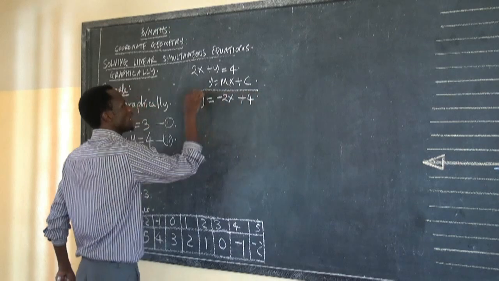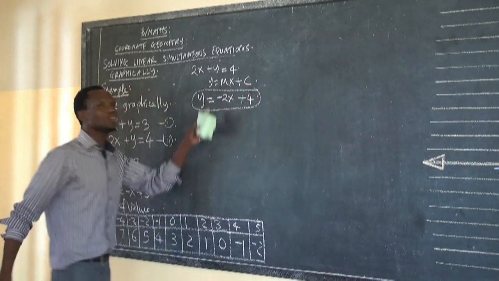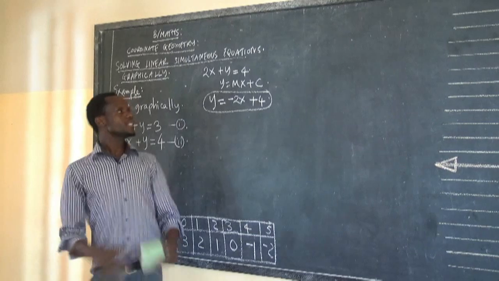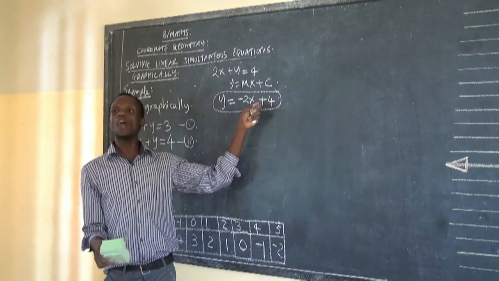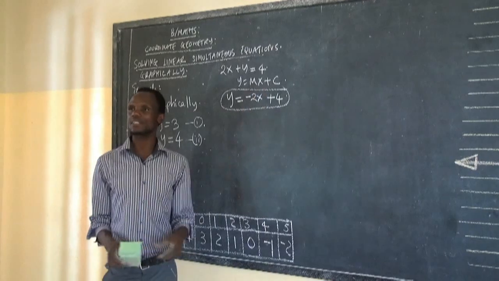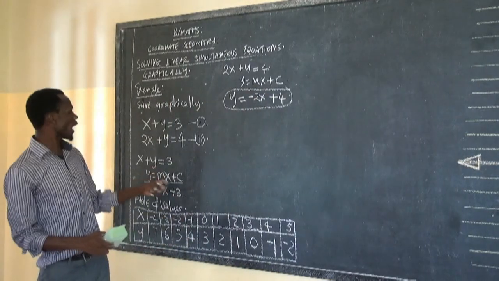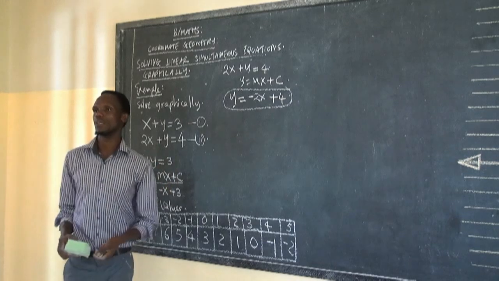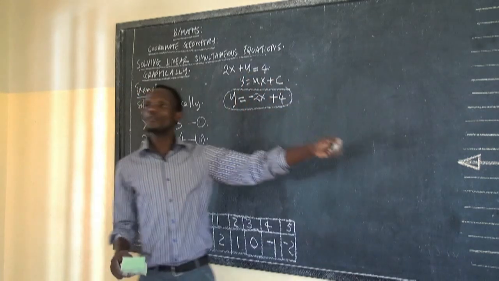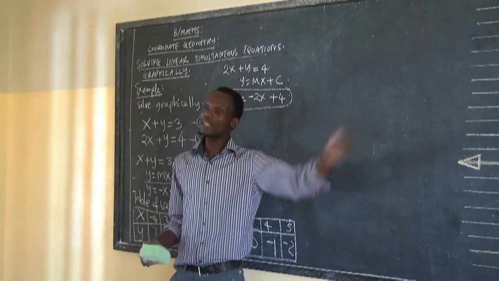You have already written your equation in this form. From here you can obtain the y-intercept and x-intercept. It is from the graph you can obtain the x-intercept and the y-intercept.